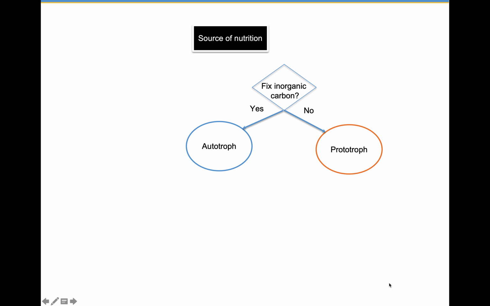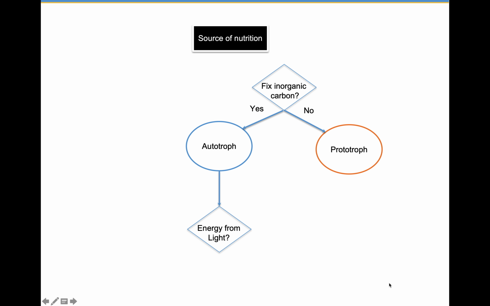Auto comes from the word automatic. That means they can capture inorganic carbon from the environment on their own. They don't need help, unlike heterotrophs, which depend on autotrophs for fixing carbon.